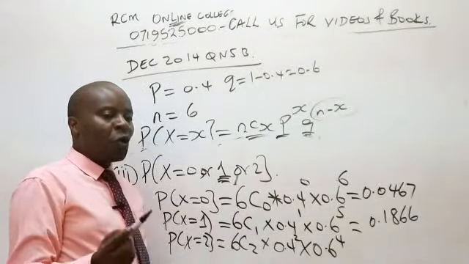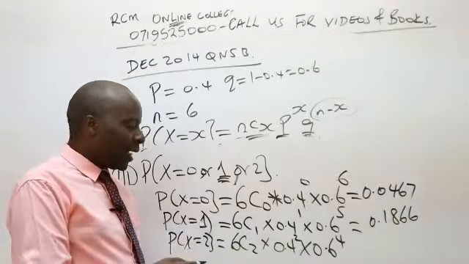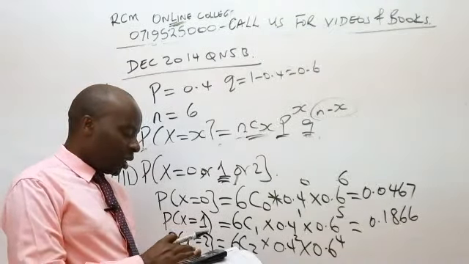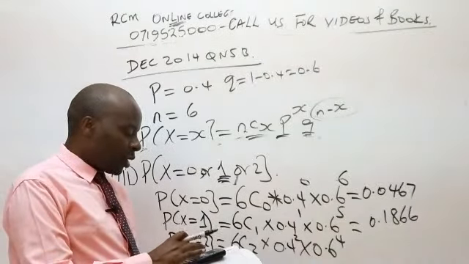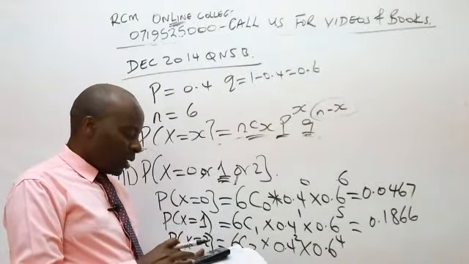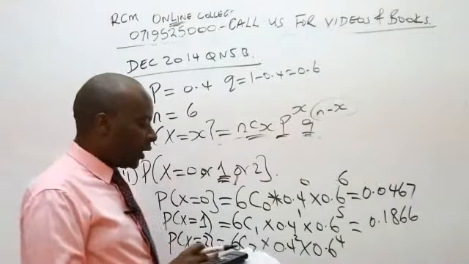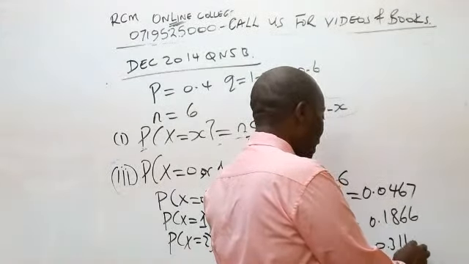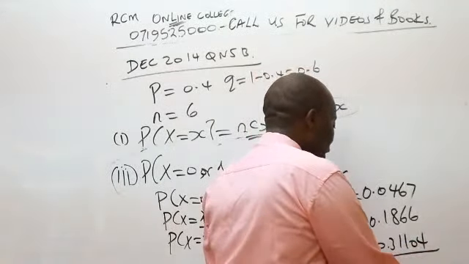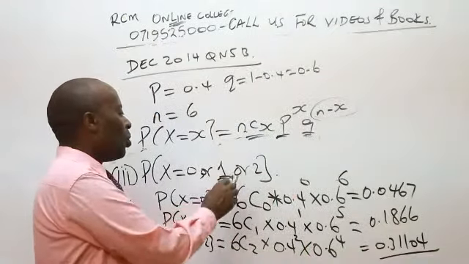The 2 powers must always add up to N. So this gives us 6 combinations 2 times 0.4 raised to power 2 times 0.6 raised to power 4, which gives me 0.31104.